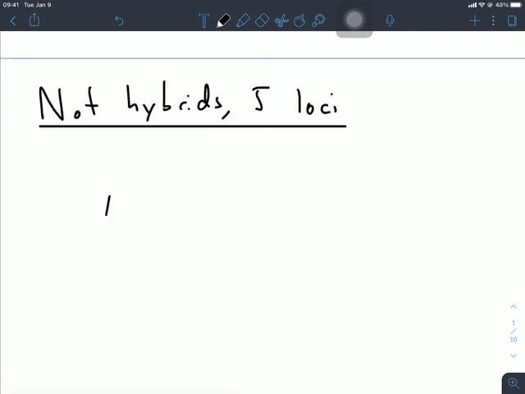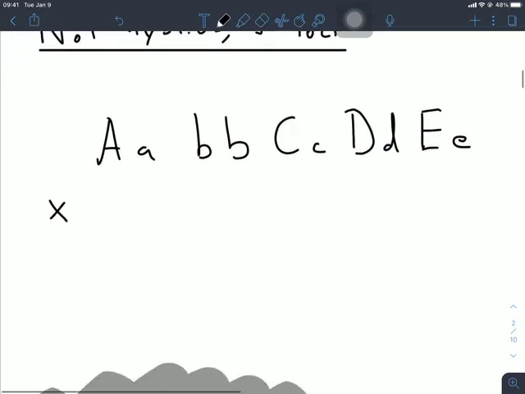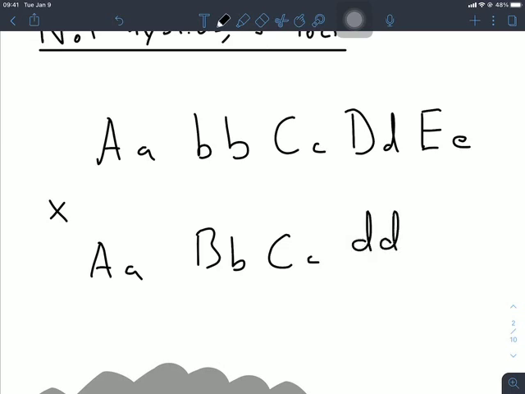So in this situation, we'll have the genotype capital A, lowercase a, lowercase b, lowercase b, as promised, not all hybrids, capital C, lowercase c, capital D, lowercase d, and capital E, lowercase e. Now we're going to cross this against an individual with the genotype capital A, lowercase a, capital B, lowercase b, capital C, lowercase c, lowercase d, lowercase d, and capital E, lowercase e.